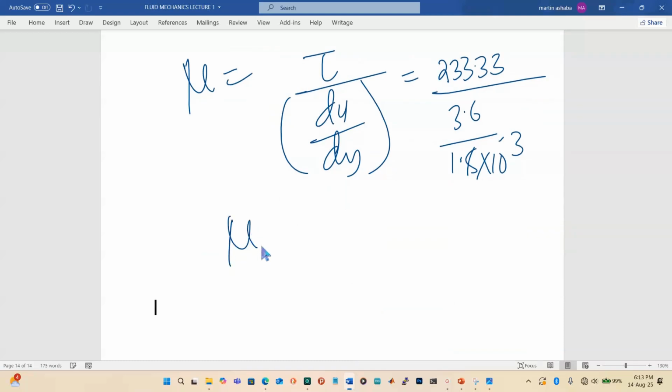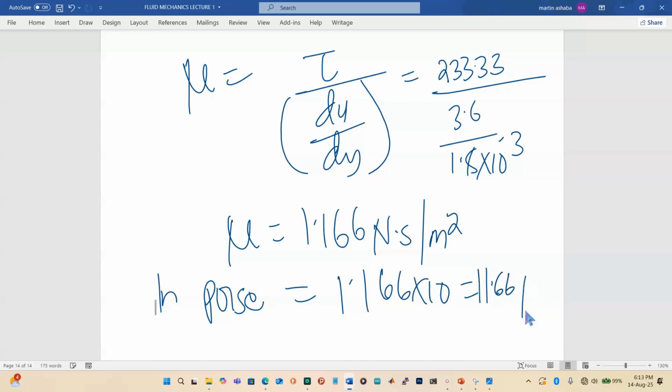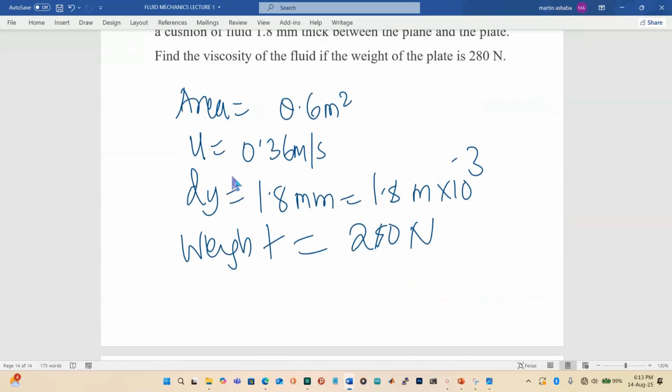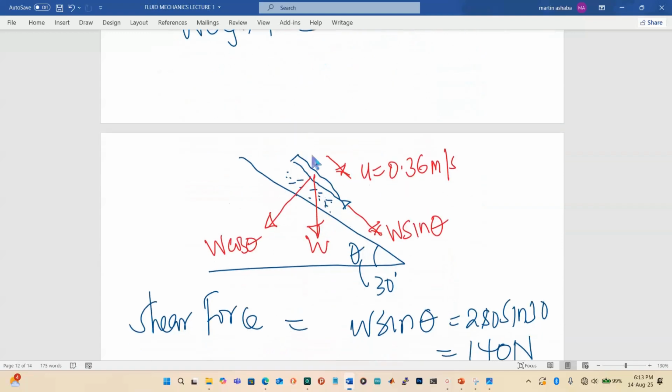So nu becomes 1.166 Newton second per square meter, and in Poise we multiply by 10. So 1.166 times 10 becomes 11.66 Poise. So that gives us the viscosity of the fluid that is in between the inclined plane and the plate.